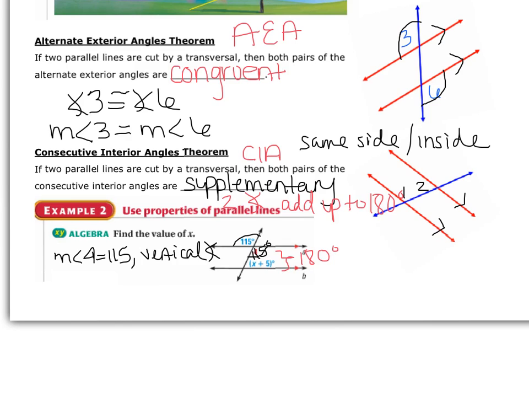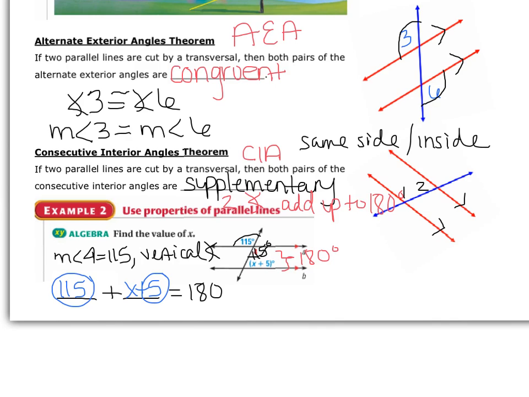Now, remember I told you we're going to do the same thing all year long? Here it is again. You know that these consecutive interior angles are supplementary. The definition of supplementary is 2 angles that add up to 180. That should be so familiar. Well, one angle is 115 degrees. The other angle right now is x plus 5. Combine like terms.